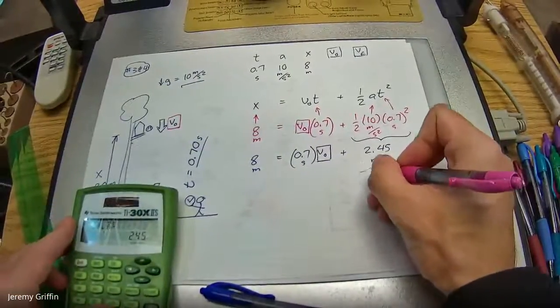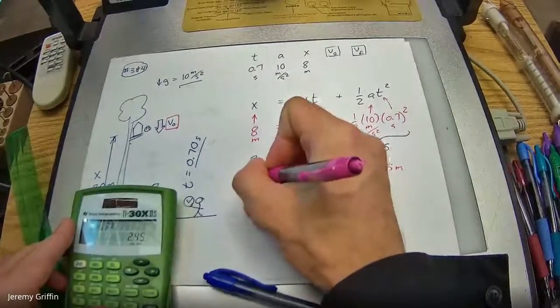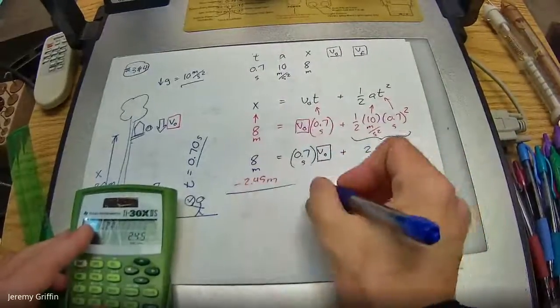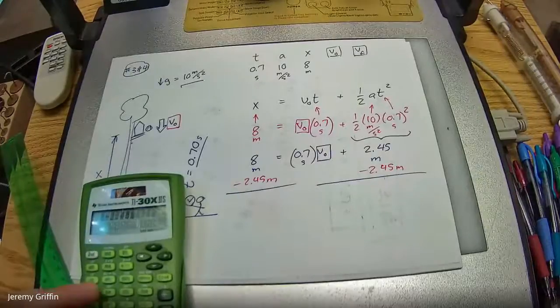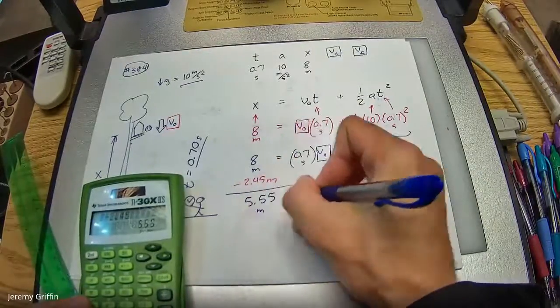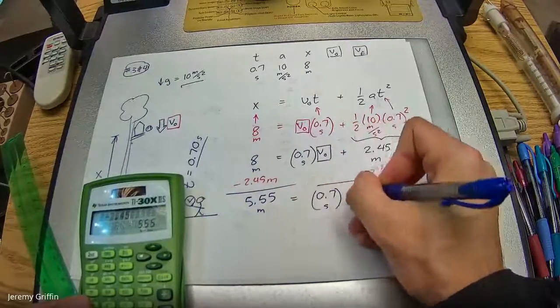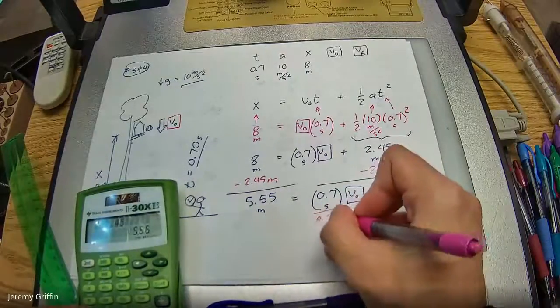You guys subtract off 2.45 meters from each side. It's gonna give me, what is 8 minus 2.45? 5.55 meters is equal to 0.7 seconds times V naught. Okay. Divide both sides by 0.7 seconds.